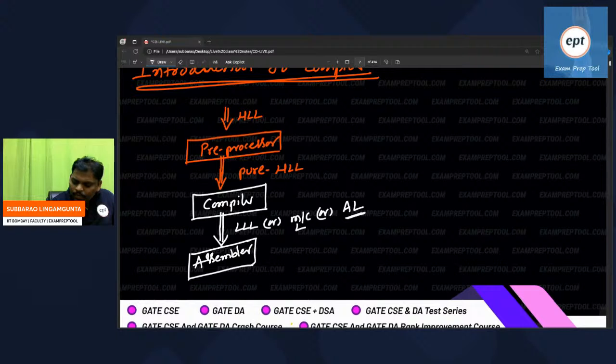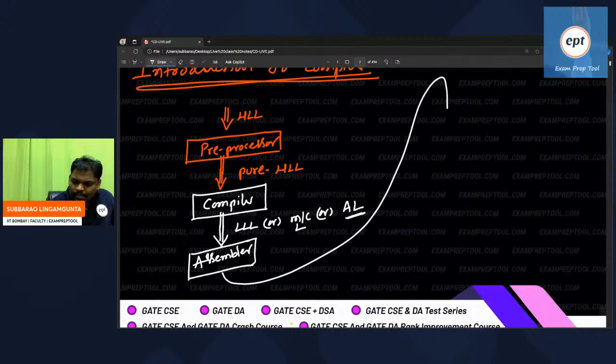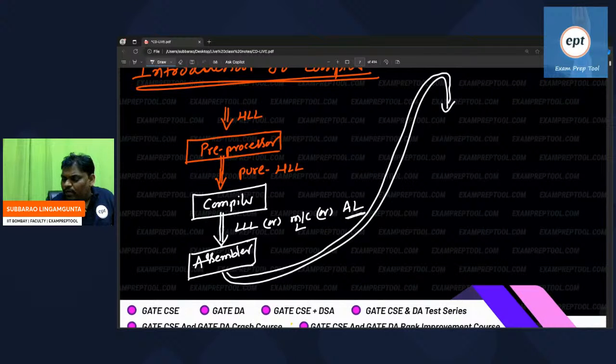So assembler input is, listen, assembler input is assembly language. Now some people are asking, sir, what are the outputs? Lack of space, I am going here. So assembler input is assembly language. Remember everyone, output of assembler is relocatable code.